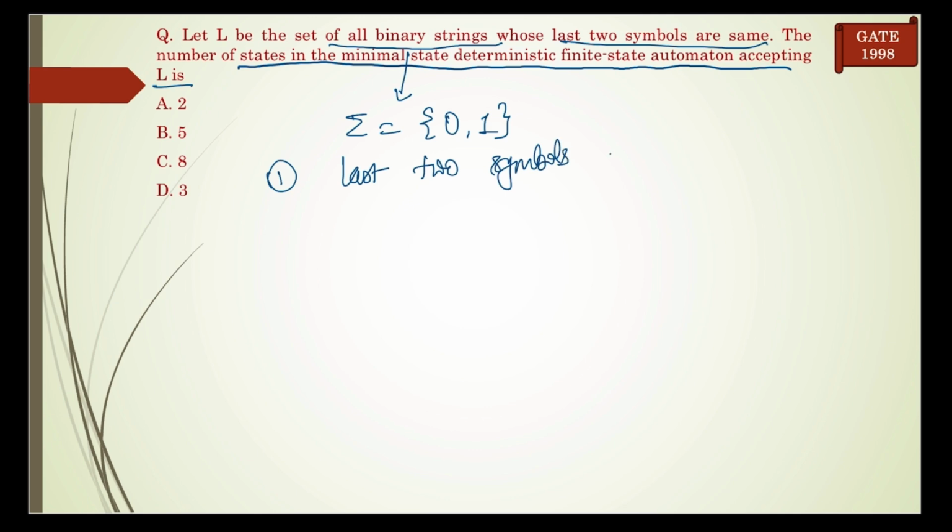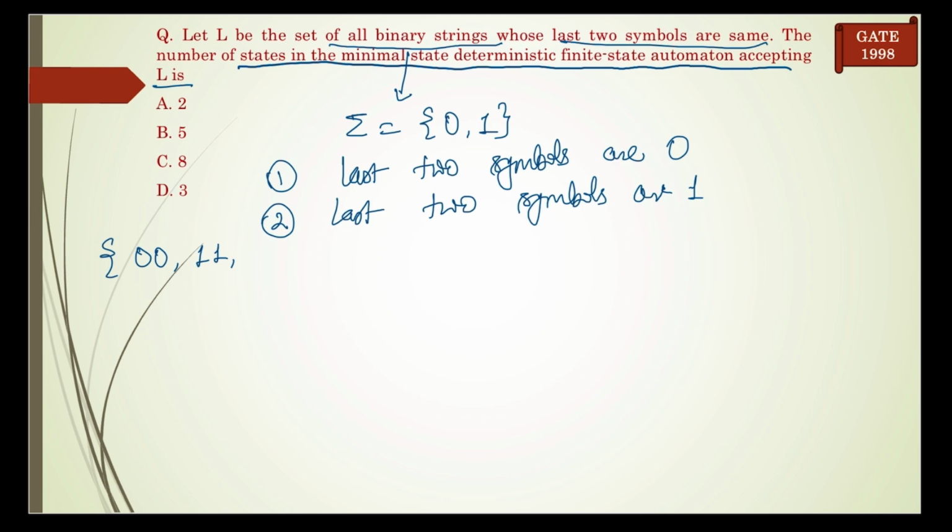when the last two symbols are 0, the second part is where last two symbols are 1. So possible strings will be 0 0, 1 1, 0 1 1, 1 0 0, 0 1 0 0, 1 0 1 1, 0 0 1 1, and so on.